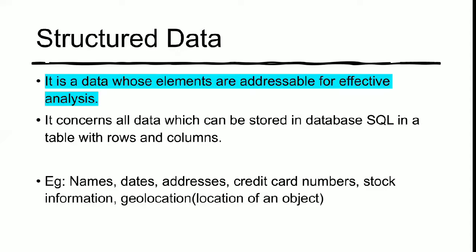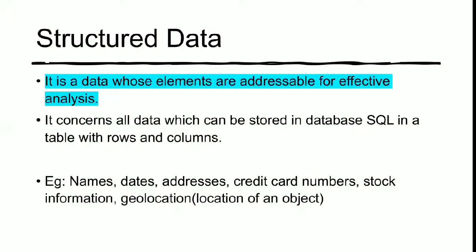It concerns all data which can be stored in a SQL database in a table with rows and columns. So this means that structured data has elements which can be used for further analysis. This type of data is stored in databases in rows and columns, such as SQL and PostgreSQL.